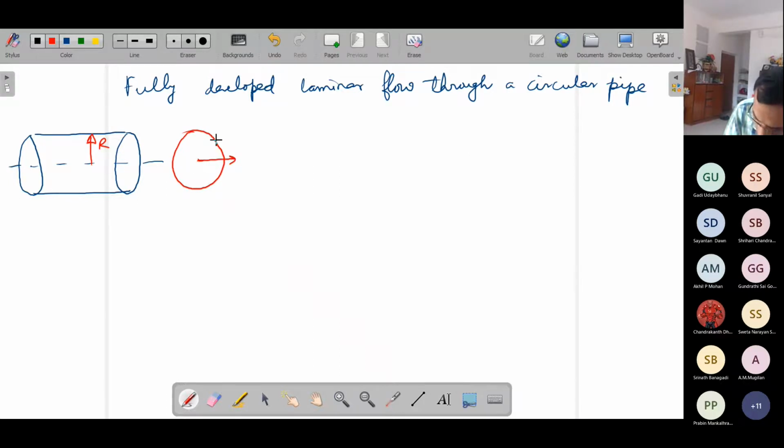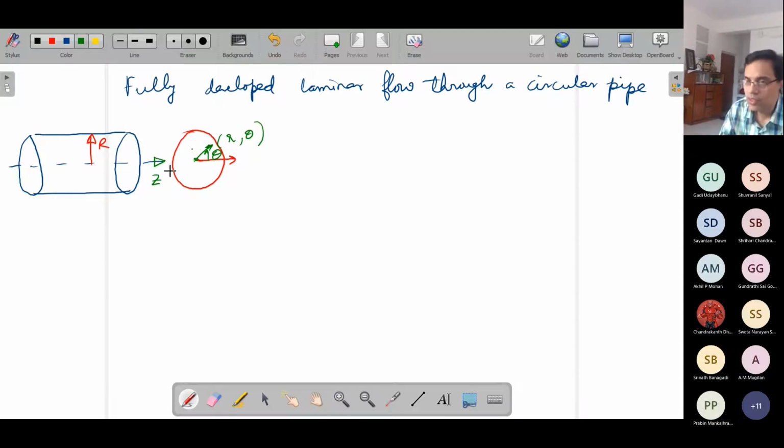Let us imagine a point like this. It is defined by the radial coordinate r and the polar angle theta, and the axial direction is defined by the z coordinate.